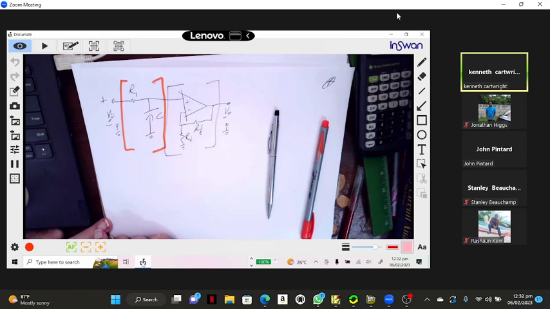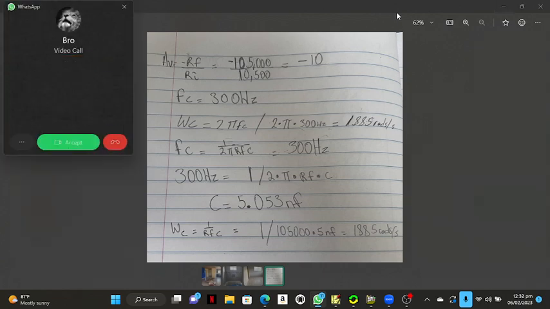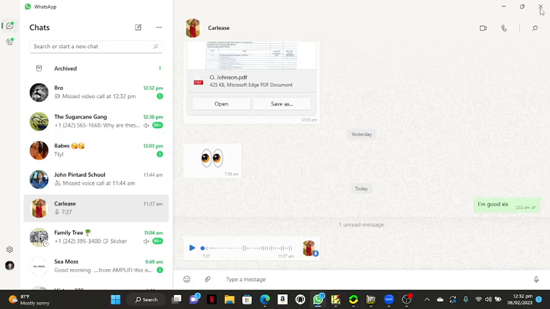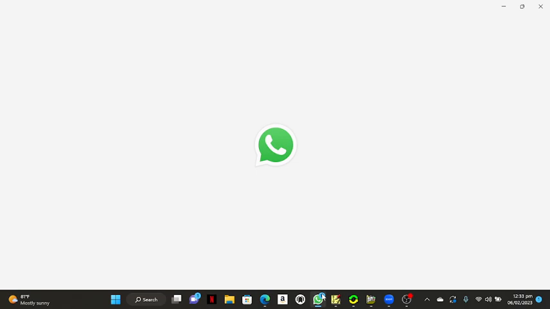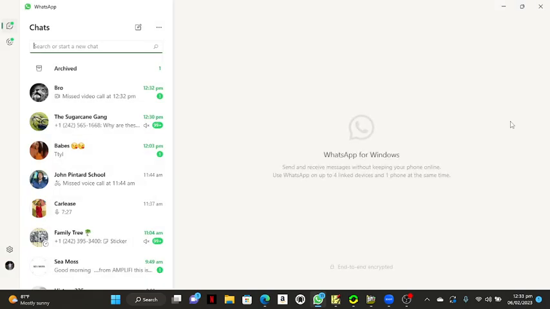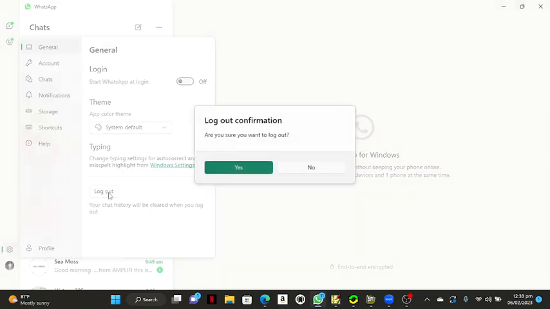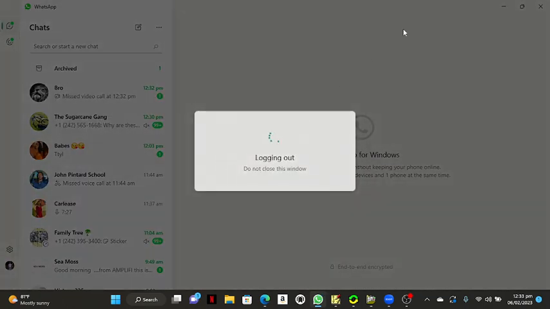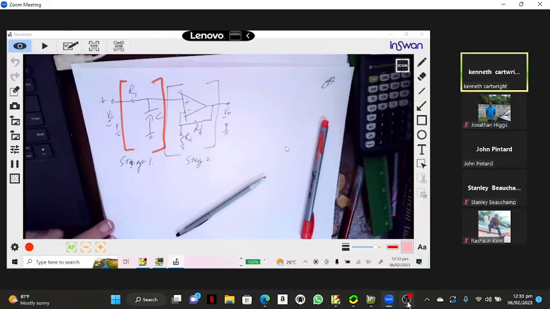And how are these two stages connected? What am I missing? Mr. Torian.